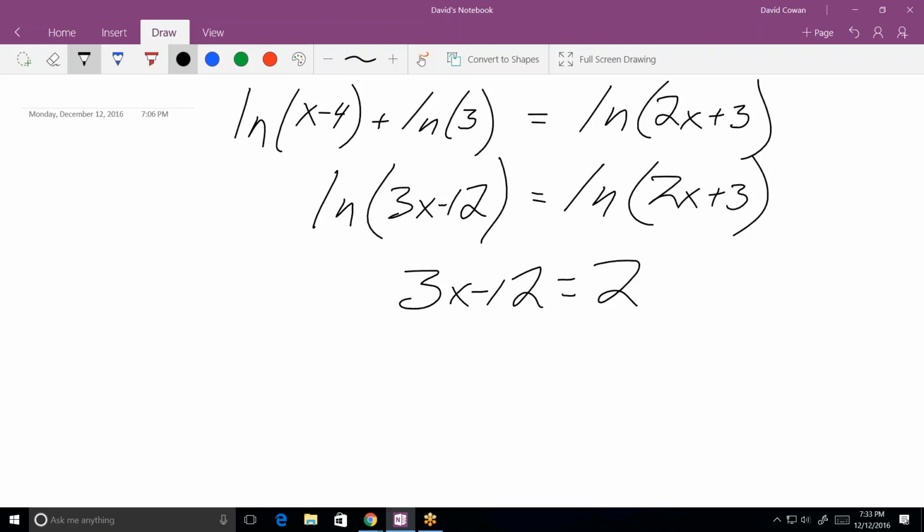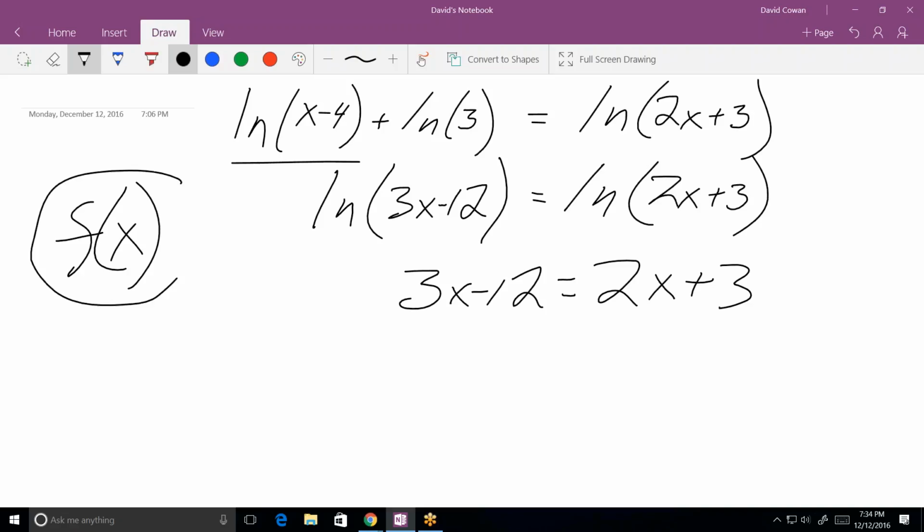Kind of think of it as dividing both sides by ln, even though that is not at all what you're doing. When I say natural log, that's not natural log multiplied by that. It's like f of x. f of x is not f times x.